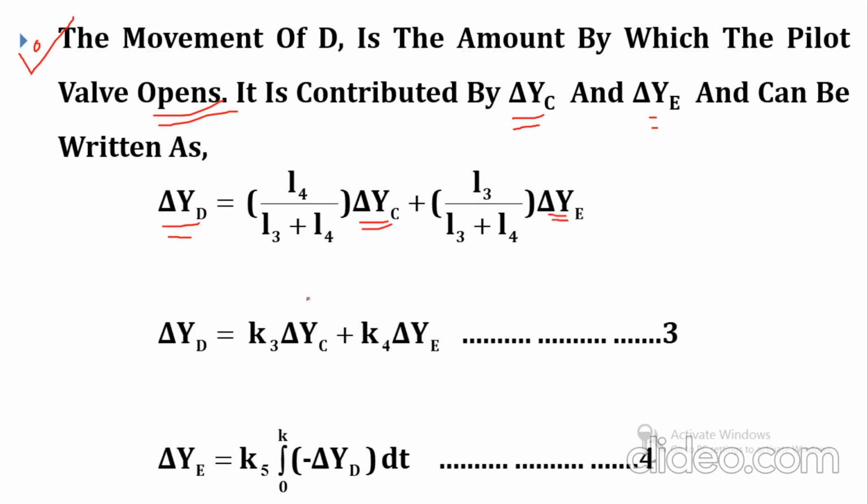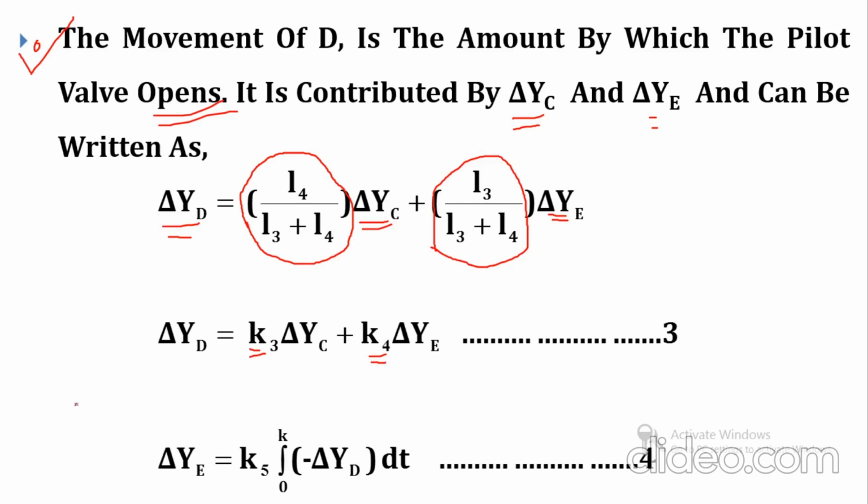So we will take this as a single constant K3 and this has another constant K4. So we can write delta yd is equal to K3 into delta yc plus K4 into delta ye.